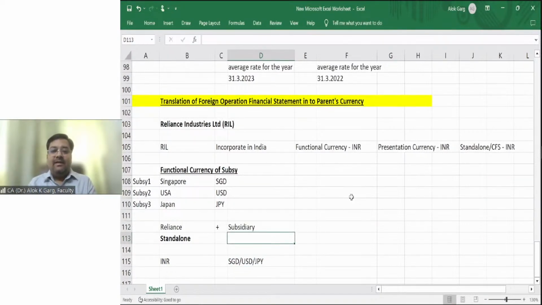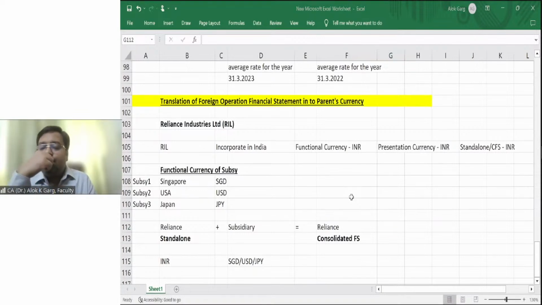In this case, Reliance standalone plus subsidiaries is equal to the Reliance consolidated financial statement, right? Is it possible to prepare the consolidated financial statement by adding the financial statements of subsidiaries, which have a different currency, into Reliance Industries standalone?